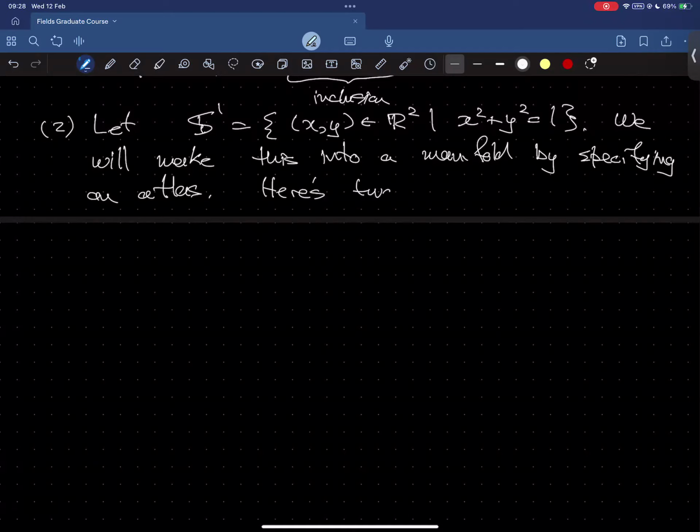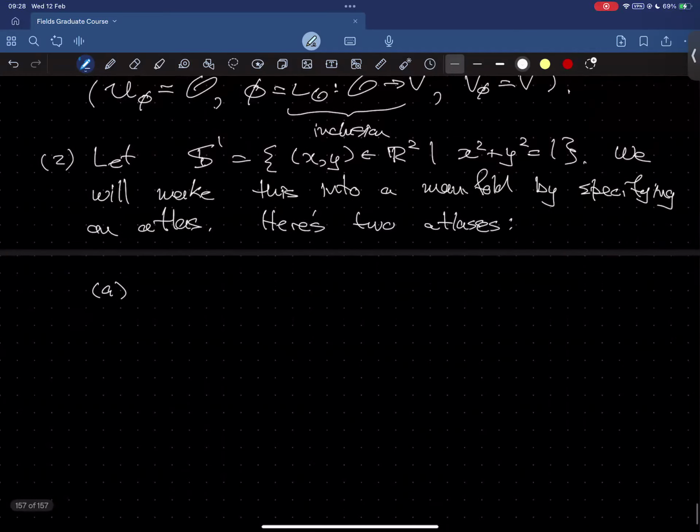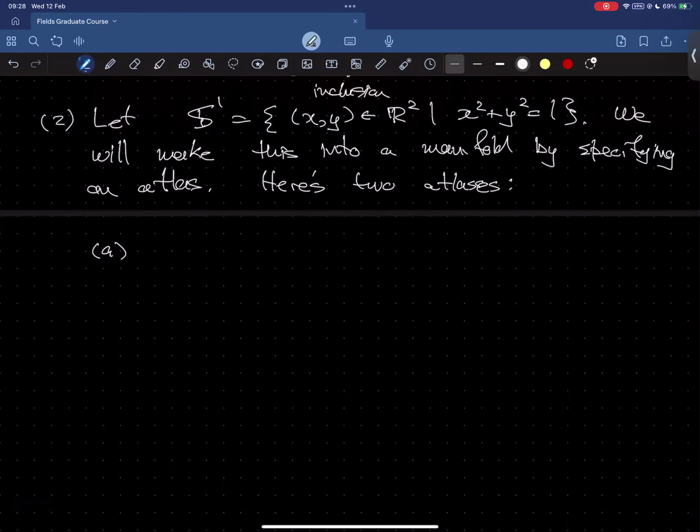So here's two atlases, and I'm going to draw these atlases and say what you need to do to verify that they're atlases. One of them is worked out in the course text. The other is not.